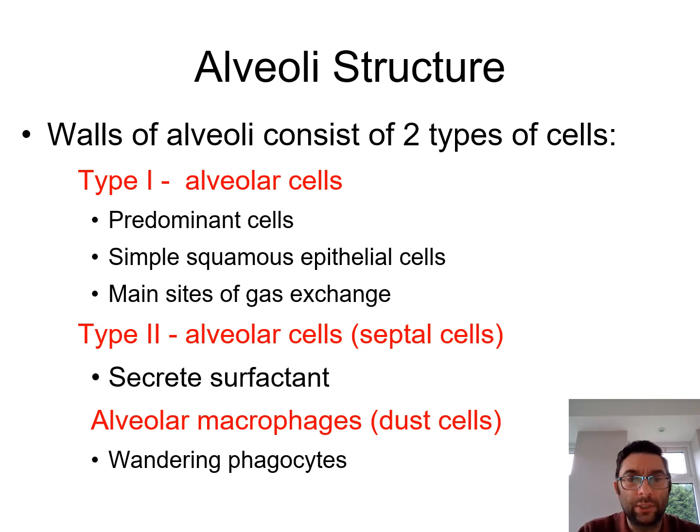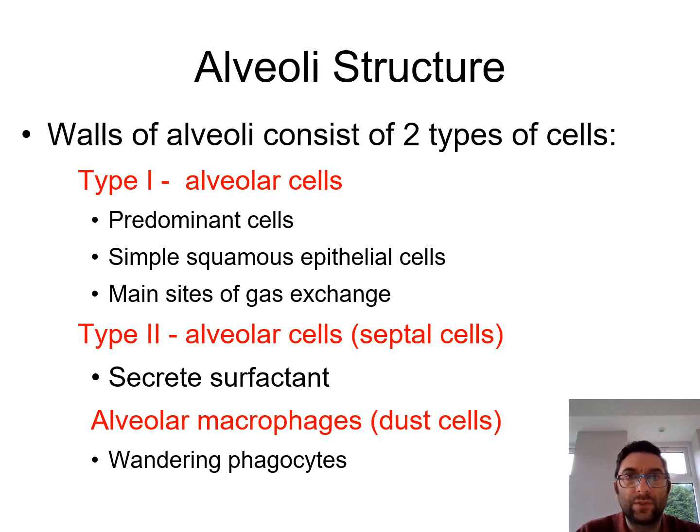In terms of thickness of the alveoli, the alveolar and capillary walls form the respiratory membrane, and they are around 0.2 to 0.5 micrometers thick, or thin, should I say. And because of this thinness, it's essentially one cell layer thick, that allows for rapid diffusion of gases across that membrane.